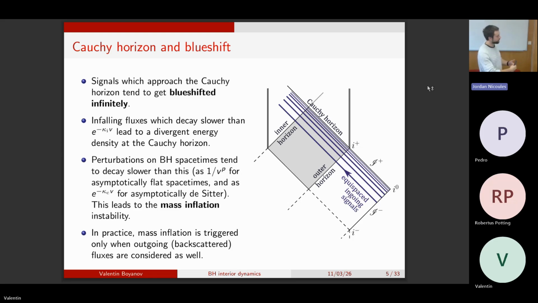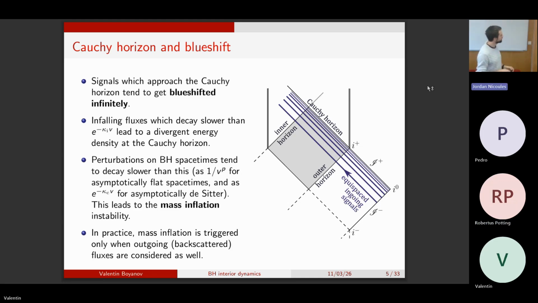So this bunching together of pulses at infinity leads to an infinite accumulation of energy there. And, well, this is, let's say, the source of the mass inflation instability, but in practice, to see it, you also need to consider outgoing fluxes.